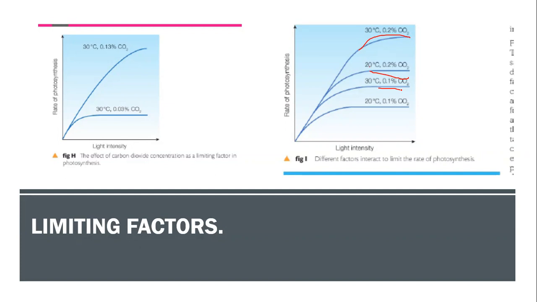Then temperature. Temperature is very important because we have enzymes like rubisco. The higher the temperature, the more easily your enzymes are going to get denatured, because enzymes have a tertiary structure. They are globular proteins. They have hydrogen bonds, ionic bonds, hydrophobic interactions, and disulfide bridges.